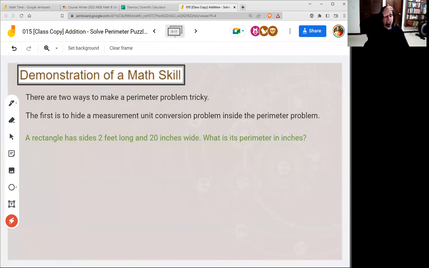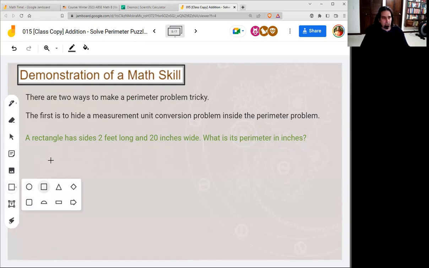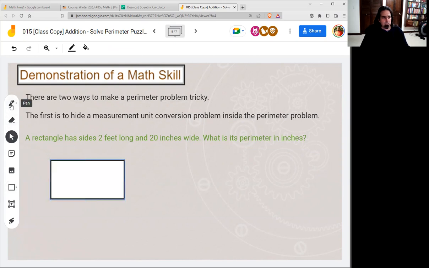So there's 2 ways to make a perimeter problem tricky. The first is to hide a measurement unit conversion inside the perimeter. So I have a rectangle here. Its sides are, let's make a nicer rectangle. There we go.